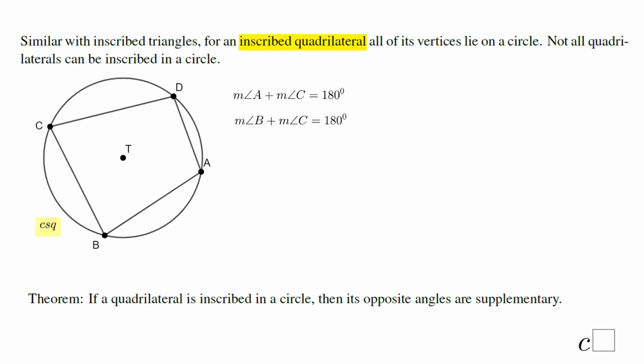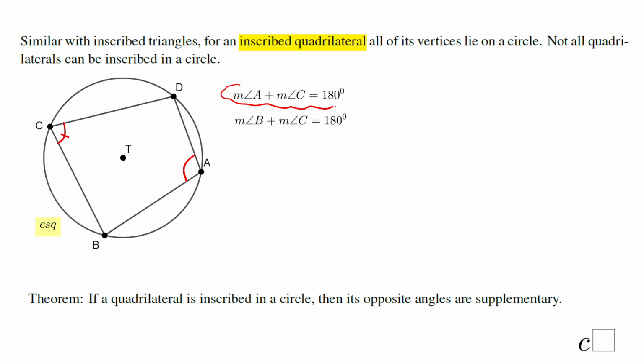My last part of the lesson will be still about inscribed polygons, but now we're going to move to the quadrilateral. So like I said, you can inscribe any triangle. However, for quadrilaterals, not all quadrilaterals can be inscribed, just some of them. And what is important about an inscribed quadrilateral? Look at here. The measure of angle A plus the measure of angle C, I said right there, is 180.